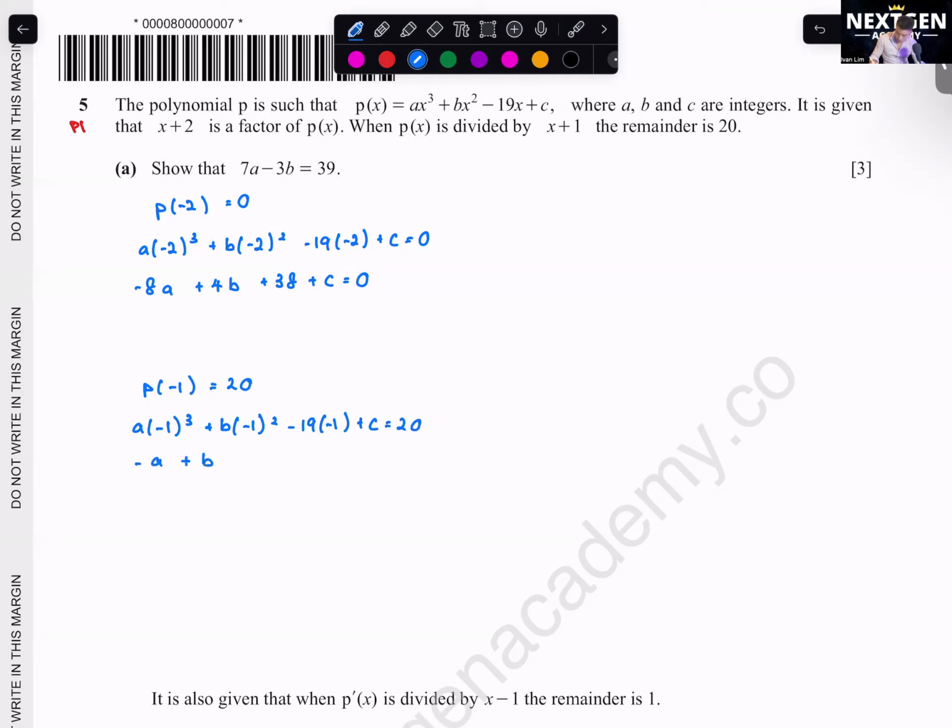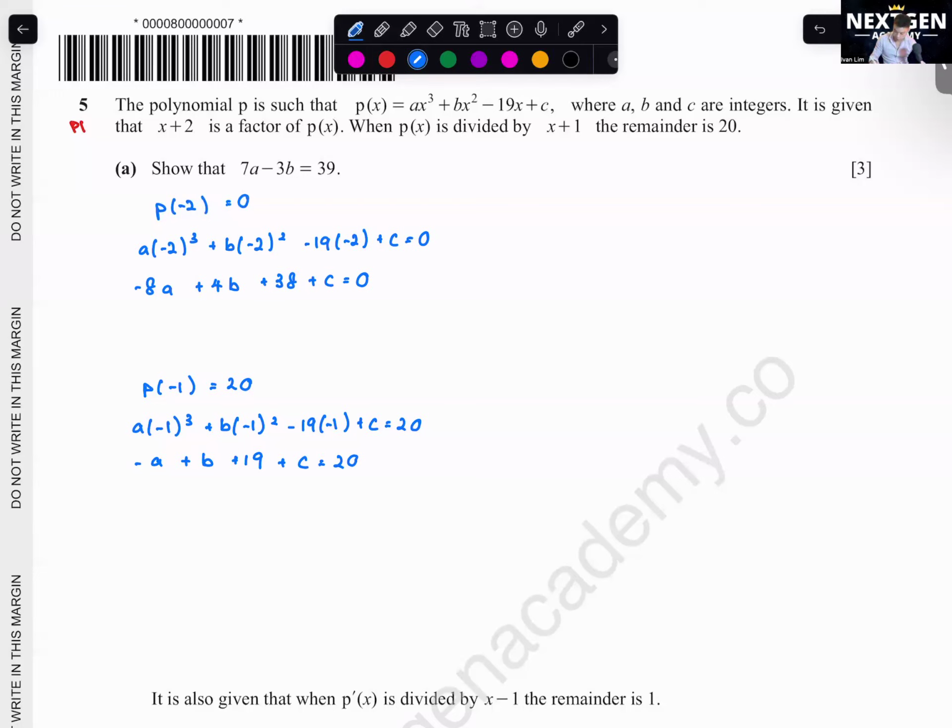Minus a plus b plus 19 plus c equals 20. Look at what they want us to show. They want it in A and B, meaning we want to eliminate the C. This is good because both equations have just C only, we can do elimination.